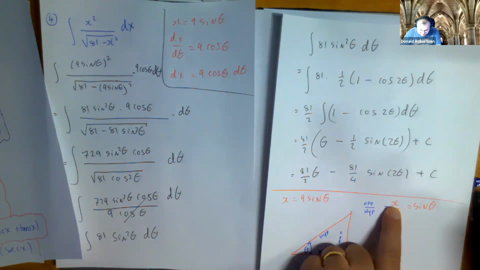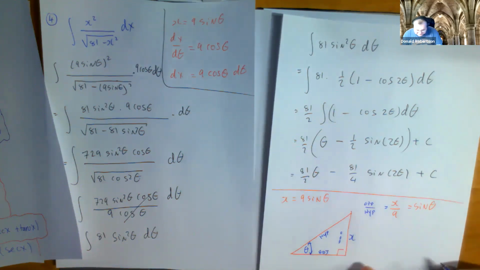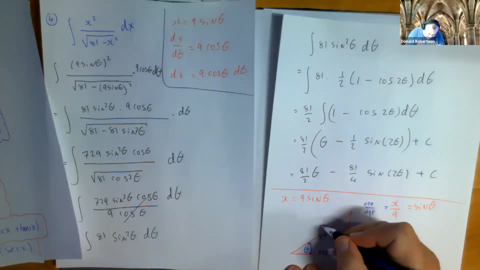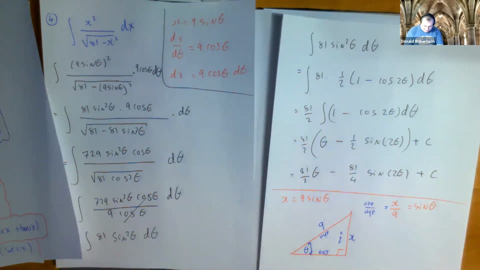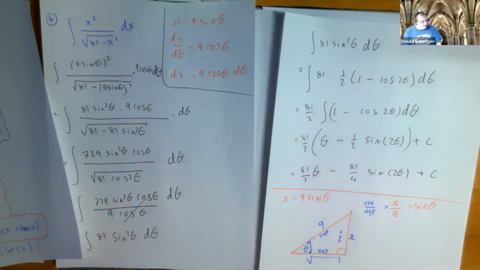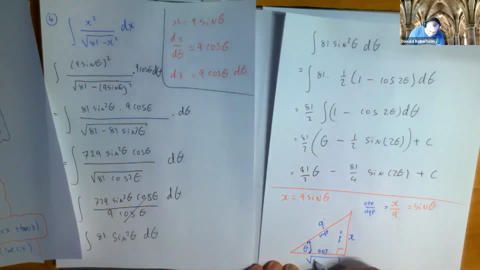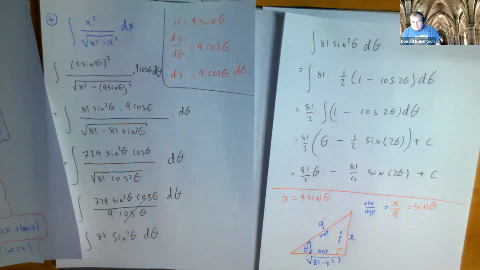So the opposite is the top guy, that's x, and the hypotenuse is the bottom guy, that goes there. And can't we use Pythagoras to get the third side? According to Pythagoras, won't it be this guy squared, take away that guy squared, which is 81, take away x squared?